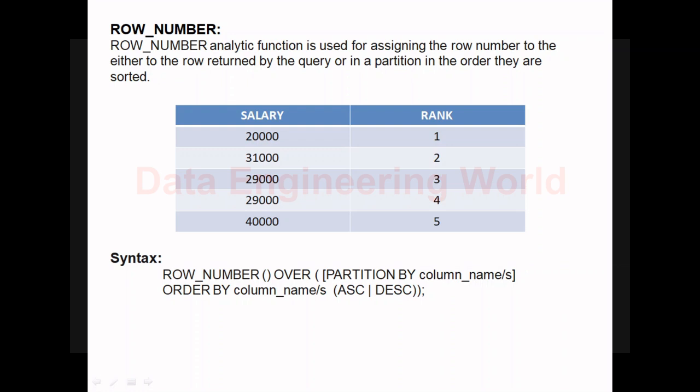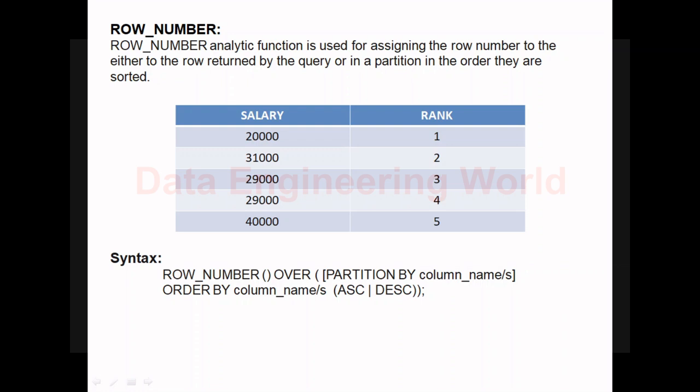So this time, instead of using those rank or dense rank functions, we are using the row number function followed by the over keyword, which is nothing but an analytical clause, and inside the braces we can define our partition by column and the column on which we need to calculate the row number for the table, either in ascending order or in descending order.